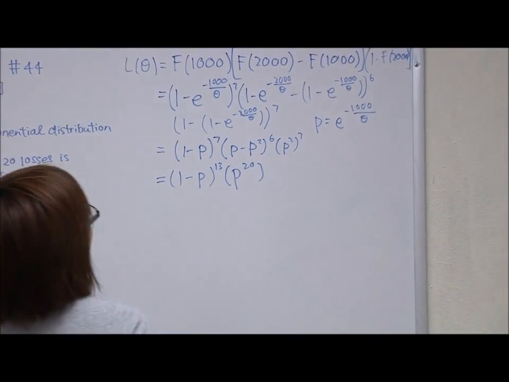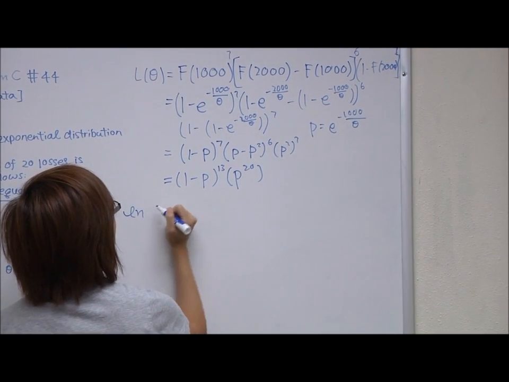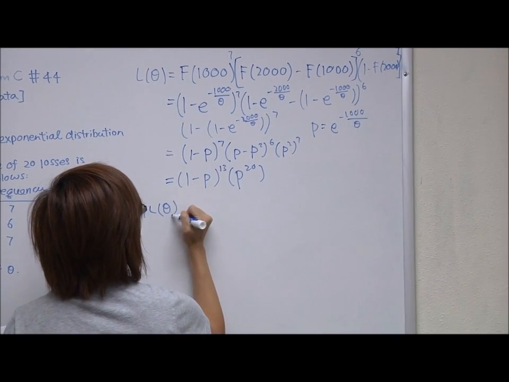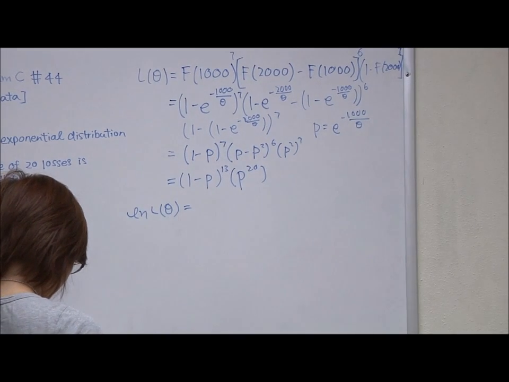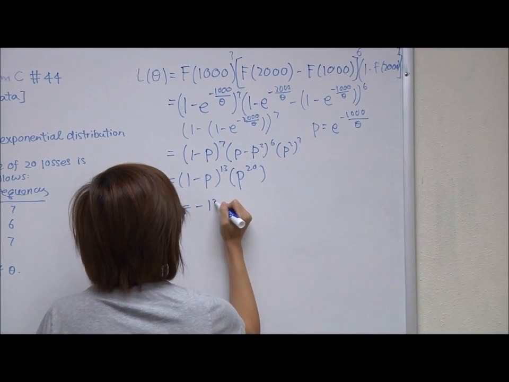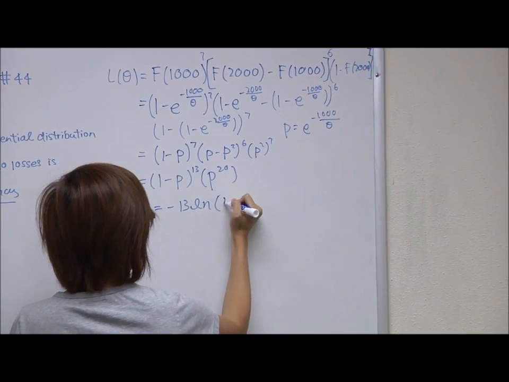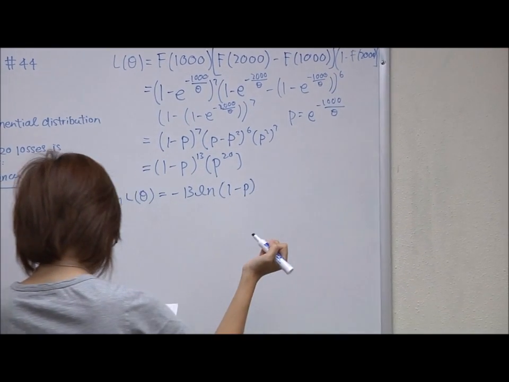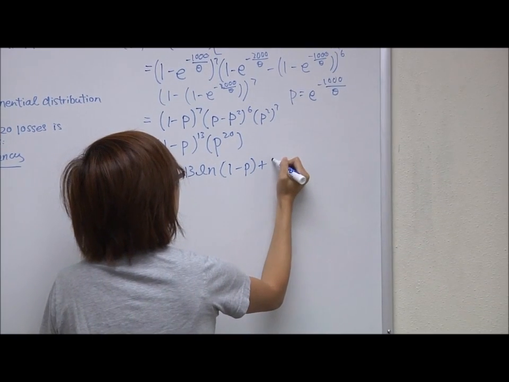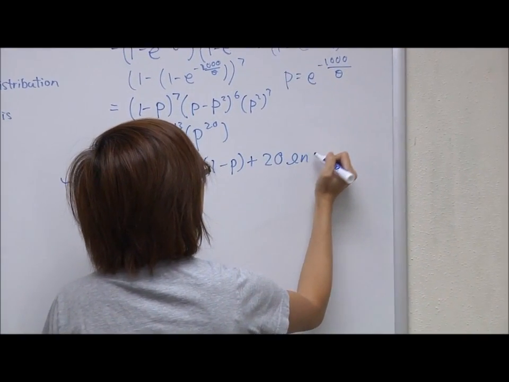So then we take the natural log of the maximum likelihood function, and then we will get negative 13 natural log of 1 minus P plus 20 natural log P.